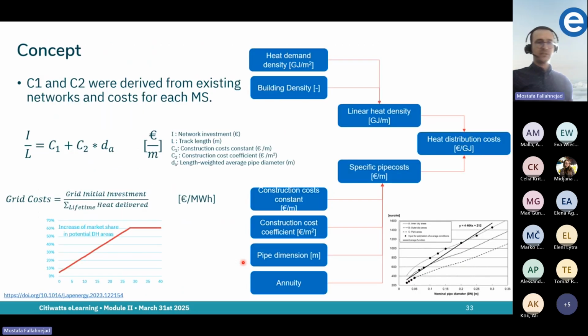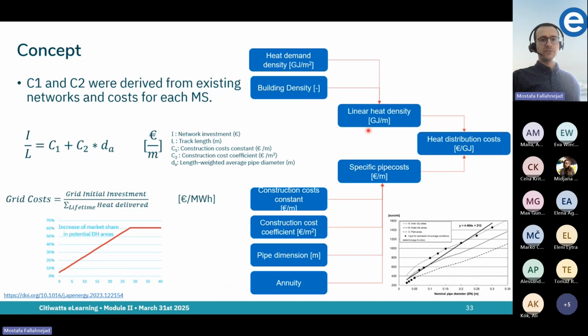Okay, a little bit about the methodology behind this calculation module. Generally, the calculation module works with raster datasets, heat demand density, and also gross floor area density, or building densities, which provide us the gross floor area.